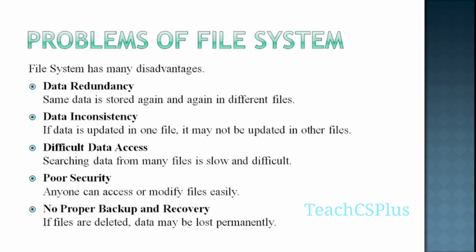If data is updated in one file, it may not be updated in other files because as we already see that in file system, files are independent. They are not connected with each other. So if we update one file or one data in a file, maybe the other file will not be updated, and that would create very much inconsistency.